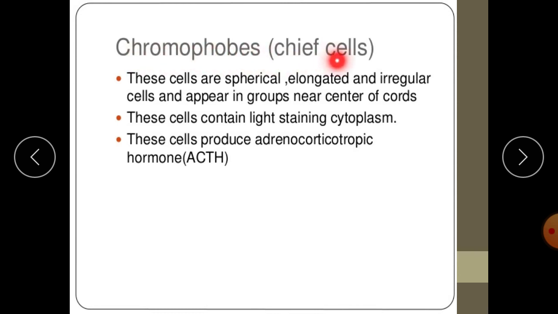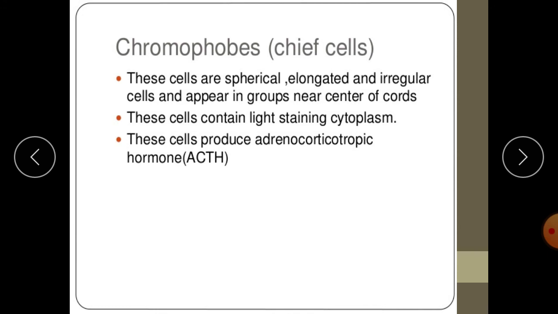Chromophobes. These are also called chief cells. These cells are spherical, elongated and irregular, and appear in groups near the center of cords. These cells contain light staining cytoplasm. They produce adrenocorticotrophic hormone, ACTH.